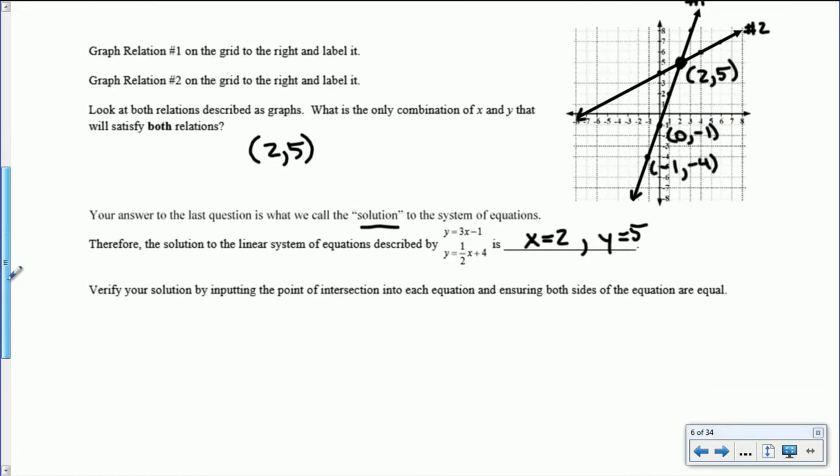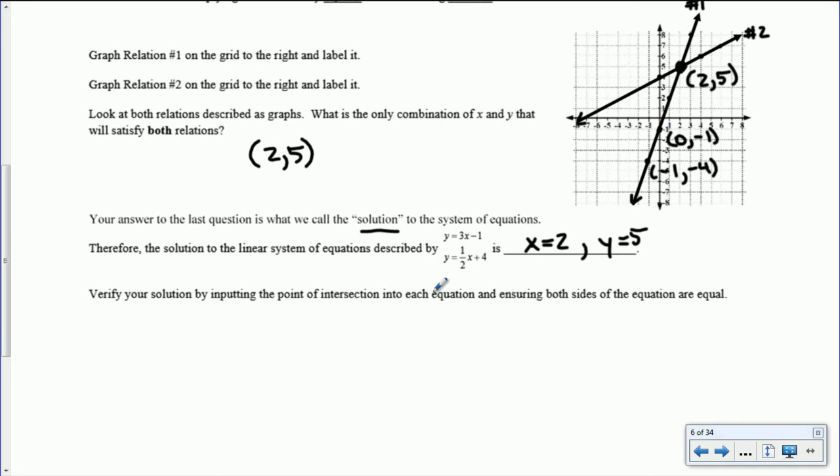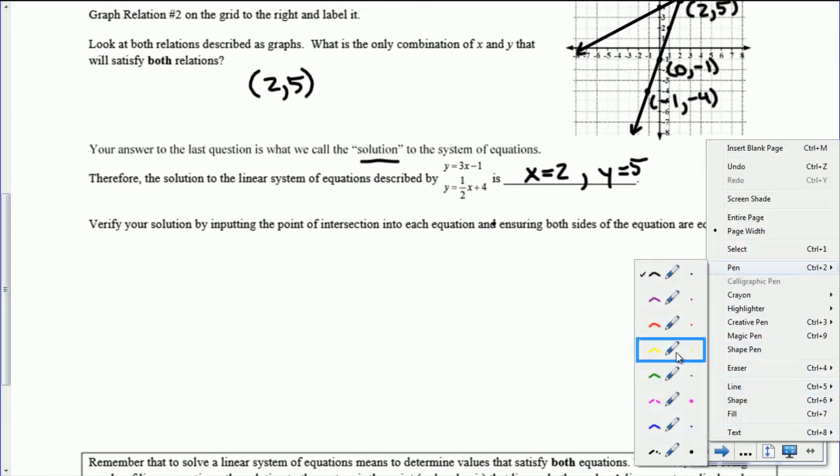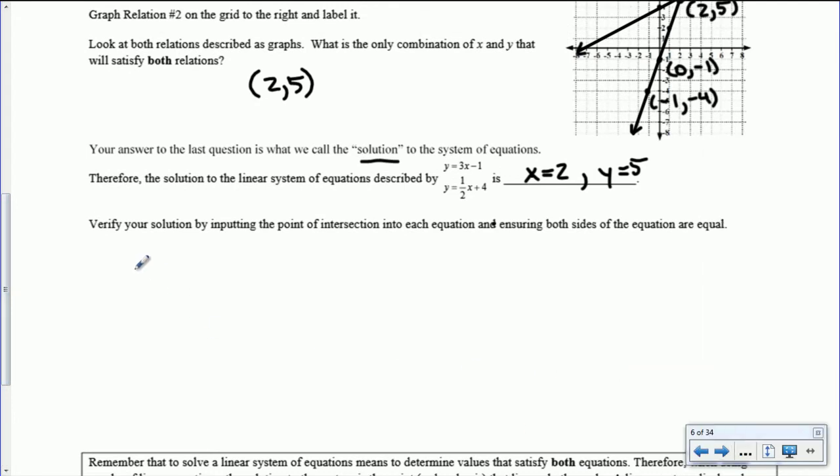So let's verify by inputting the point of intersection into each equation and ensuring both sides of the equation are equal. So we are verifying. So starting with 3x minus 1, we're going to plug 2 everywhere we see an x, and we're going to put a 5 everywhere we see a y.